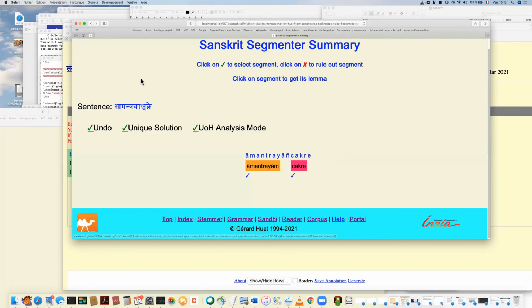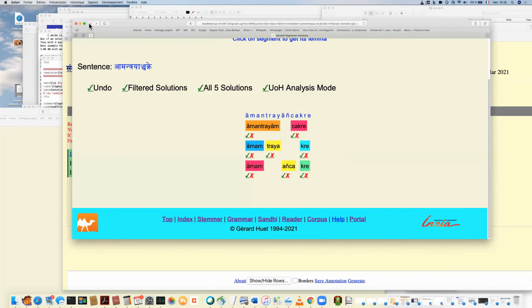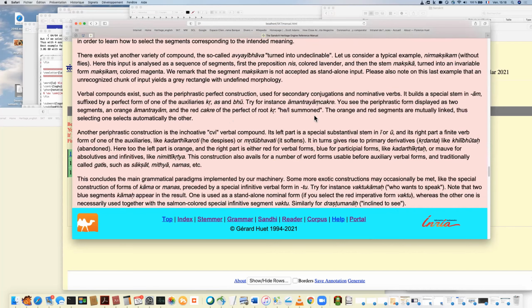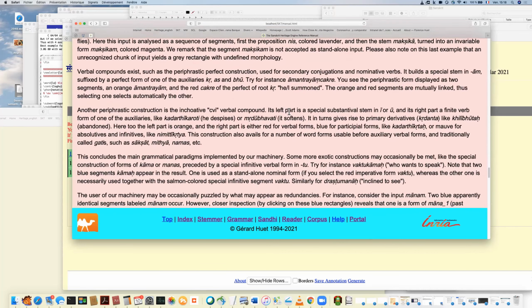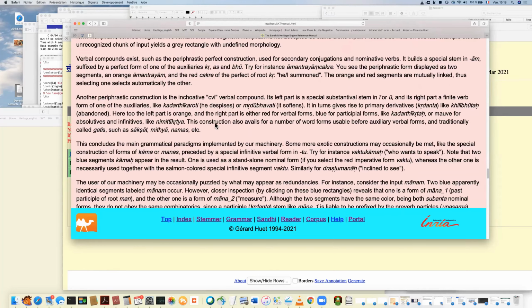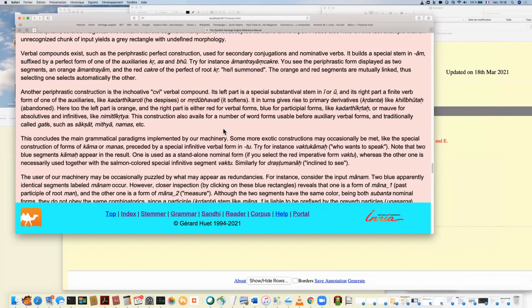So here, see in the manual, you have lots of other supplementary information. For instance, another periphrastic construction is the inchoative cvi verbal compound. I don't think this has been discussed yet in the course, but it will happen in the corpus.